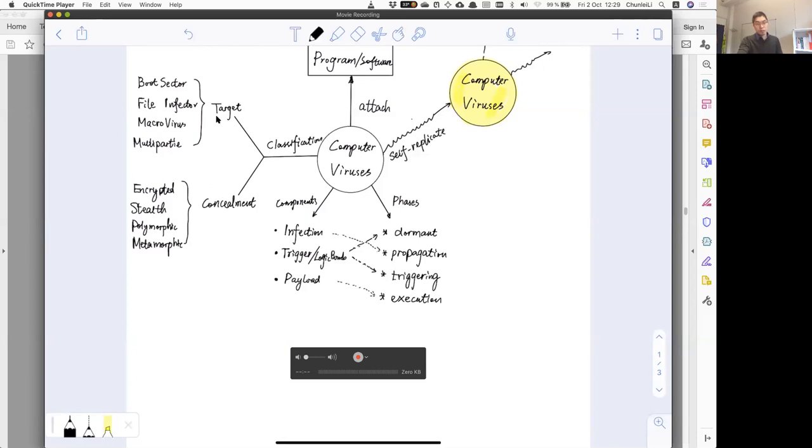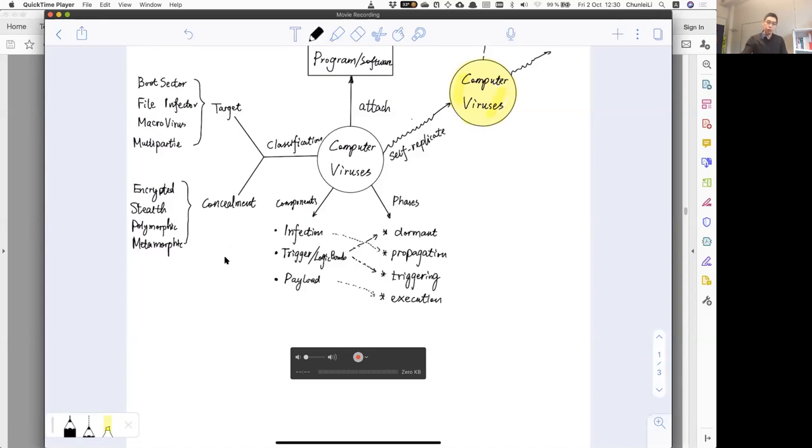So this is the general classification based on the targets of a virus. Another classification is based on the concealment strategy of the virus.